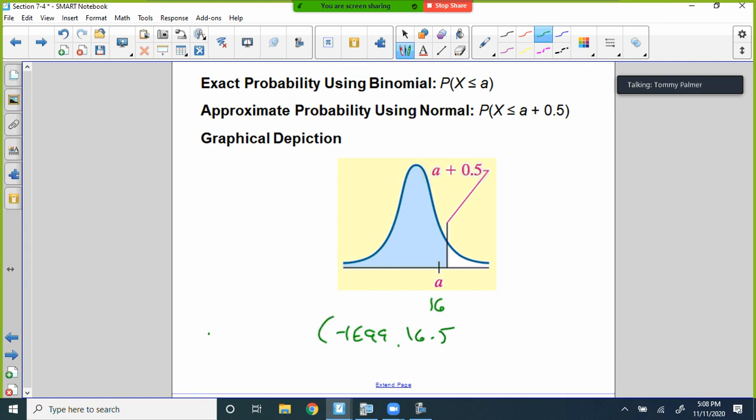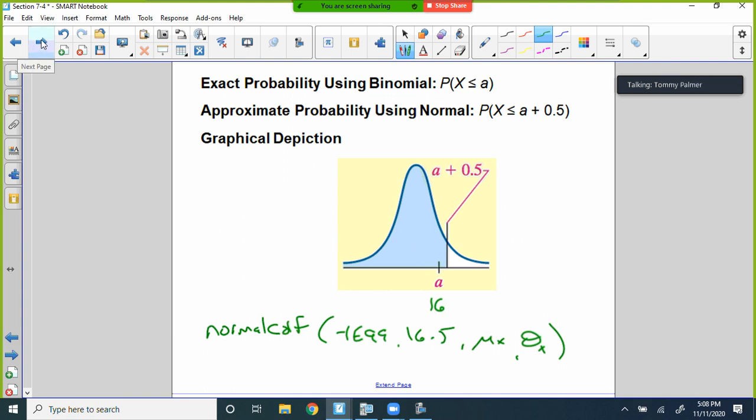We would use normal CDF, then the mean of X and the standard deviation of X. That's how it would be typed in, because we want to make sure we get the full bar of 16, since 16 is in the middle.